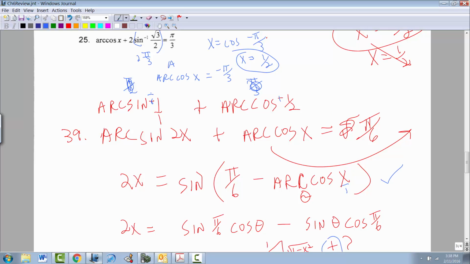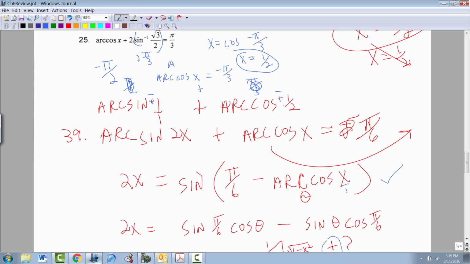So let's put in a negative 1/2. All right, so negative half times 2 is negative 1. Negative half goes in for x here. Inverse sine of negative 1, according to restrictions, is negative pi over 2. So that's what this becomes, plus inverse cosine of negative 1/2.